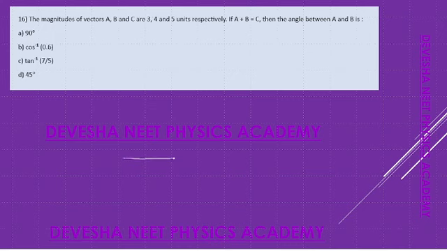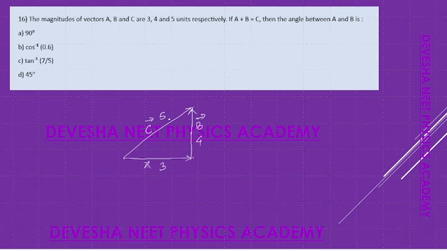So imagine this is the vector a, and this is the second vector, say, B. As per vectors, this will be the resultant vector, which is C. So A plus B is equal to C. In this case, it is given that this is 3, this is 4, and this is 5.